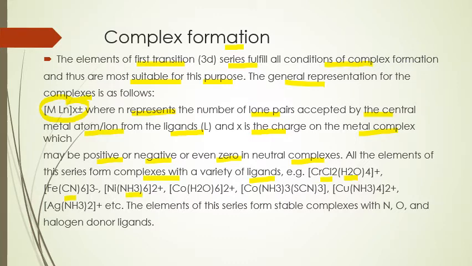So a variety of ligands: neutral ligands, anionic ligands, as well as cationic ligands. They show the formation of complexes with a variety of ligands. The elements of these series form stable complexes with nitrogen, oxygen and halogen donor ligands.